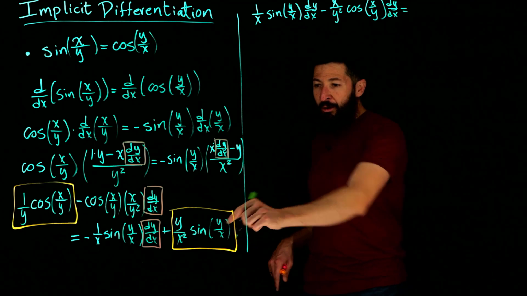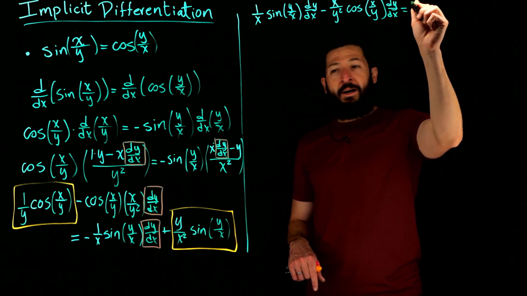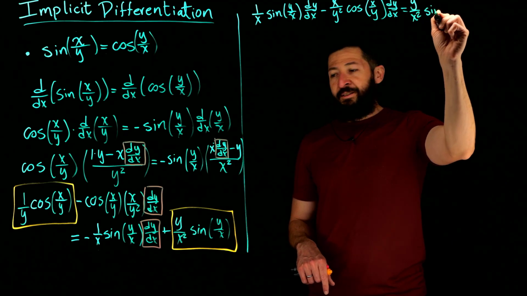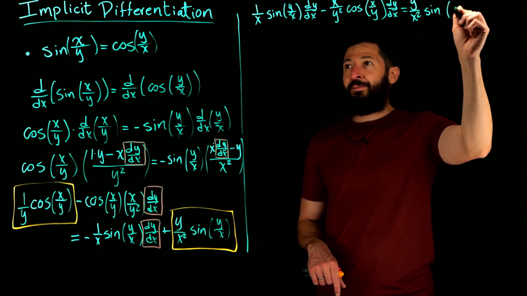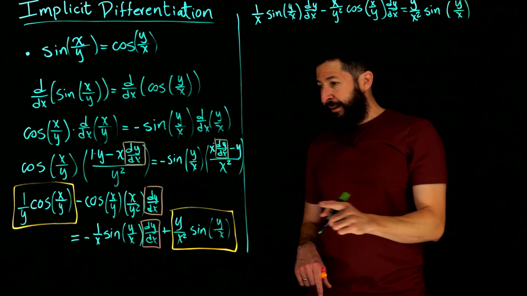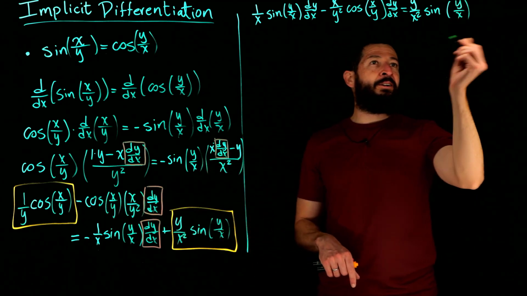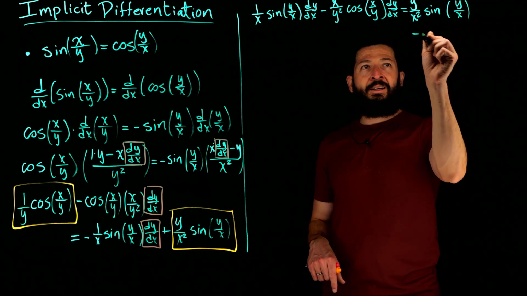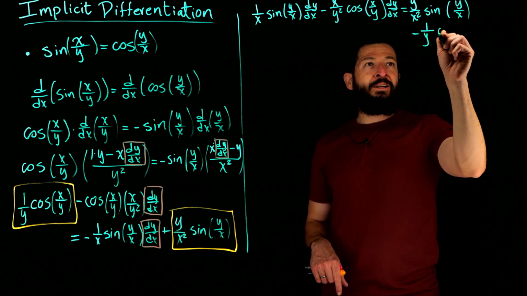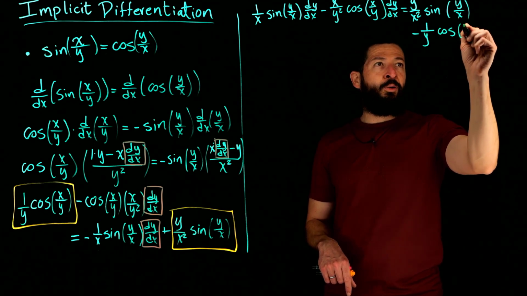I hope so. I'm going to copy this guy right here, y over x squared sine of y over x. And then I'm going to subtract this guy here, I'll put it down in the next line: minus 1 over y cosine of x over y.